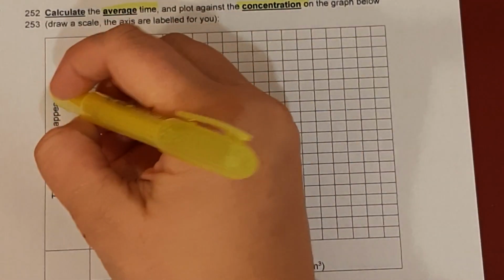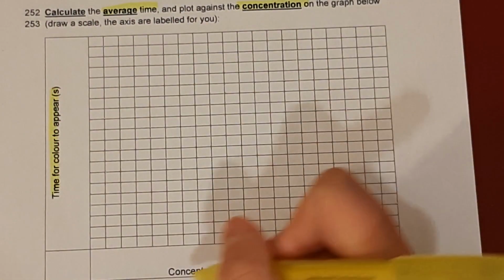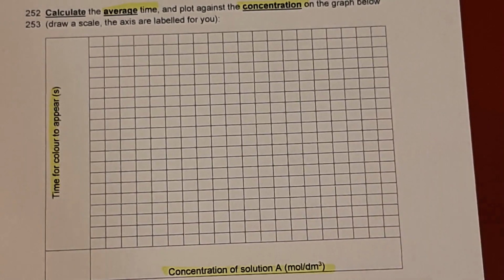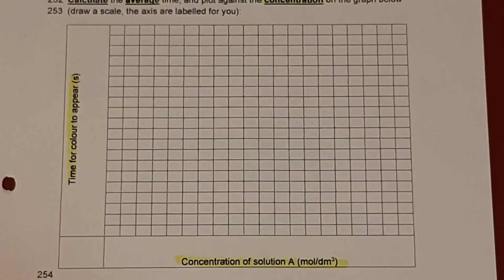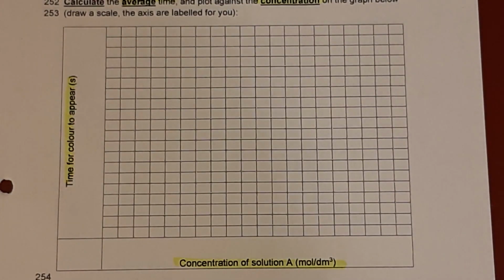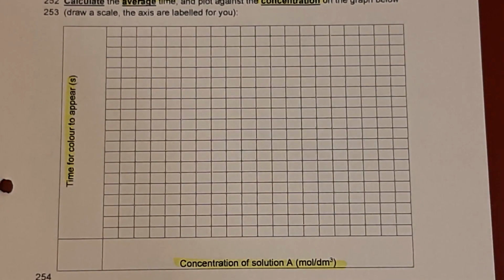This is the time taken here, this is the concentration here, and you need to choose a suitable scale. If you're not sure about the scale, I will go through that next, at the beginning of the answer section. If you're not sure about scale, you can stay with me and we'll explain that. So draw a graph of the average time against concentration. Pause the video now if you're confident you can do that.